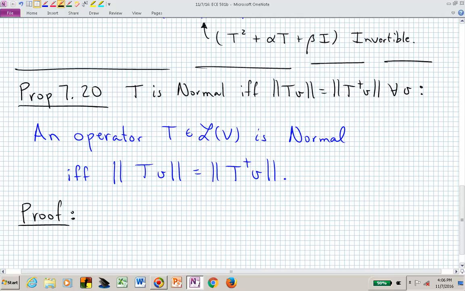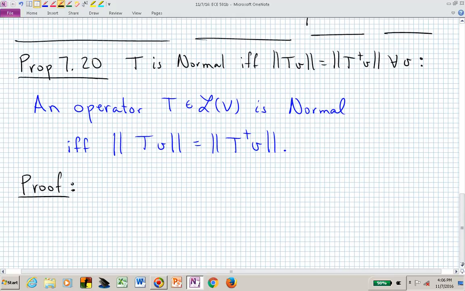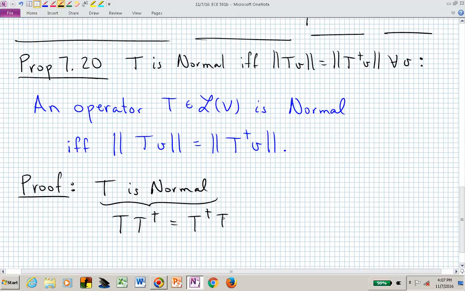And let's now show how that comes about. If we look at T and its normal, that now means that the operator and its adjoint commute. Or we can say then that T dagger T is equal to T T dagger.